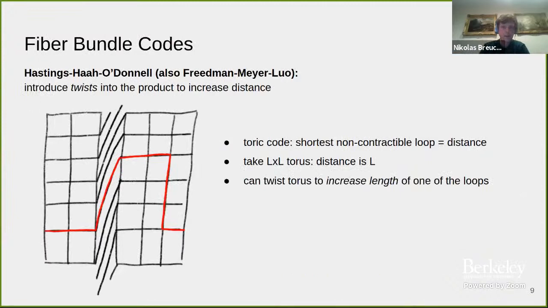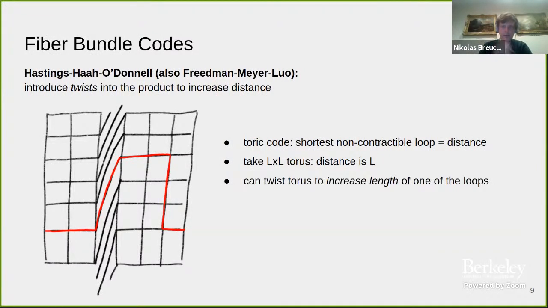So what Hastings and O'Donnell observed, and actually this idea is also present in this earlier paper by Freedman, Meyer, and Luo, is that we can introduce twists, in some sense, to increase the distance. So going back to this toric code example, on the left-hand side, I've drawn a torus, so the opposite sides are identified. However, I have performed a twist in the middle.